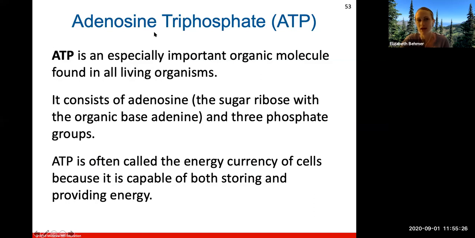That's why we call it adenosine triphosphate. It's an adenosine group, and then triphosphate means the 3 phosphate groups bound to it. It's called the energy currency of cells because it's capable of both storing and providing energy. It stores energy in its bonds to its 3 phosphate groups, and it provides energy when those bonds are broken.